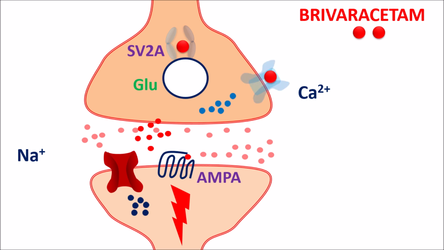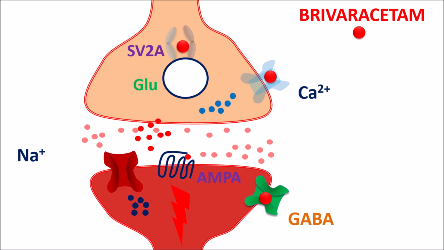Thereby, it can inhibit the release of glutamate. Now, the third target is the GABA receptors, which are inhibitory in nature. And here brivaracetam can activate these GABA receptors, resulting in an inhibitory response. By all these actions, brivaracetam can control the neuronal discharge, thereby reducing the partial onset seizures.